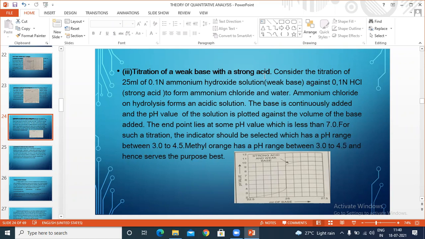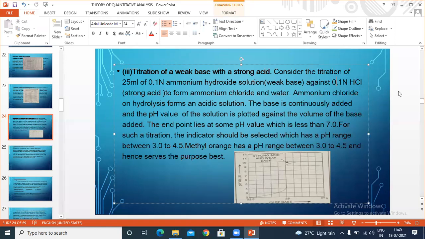For weak base versus strong acid, ammonium hydroxide is the weak base and we titrate it against a strong acid, HCl, with a concentration of 0.1 M. Simply, we could take ammonium hydroxide in the conical flask and add HCl from the burette.